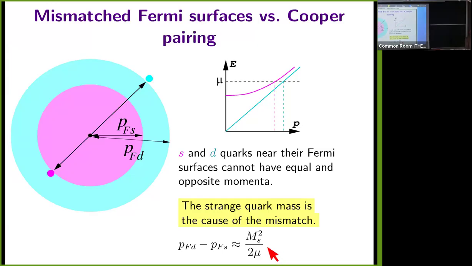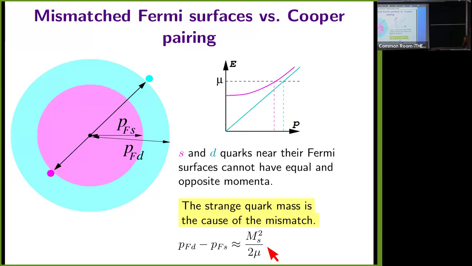So there's this splitting between the Fermi momenta caused by the strange quark mass. This is before you do any pairing, right? This is if you're just filling up the Fermi seas and you're ready to start doing Cooper pairing, but you haven't done it yet. Okay, so why does this matter? Well, it matters because, as you remember, when we formed Cooper pairs, we formed Cooper pairs of quarks that were at their Fermi surface, so they didn't cost any free energy.